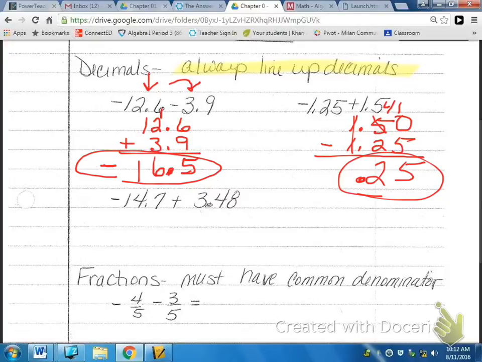What would I do with those numbers? So you subtract 14.7 minus 3.48. I know my answer is going to be negative, so you don't forget that. There's one of those blanks, so what should I do with that? Put a 0. And then Ariana, help me out here.